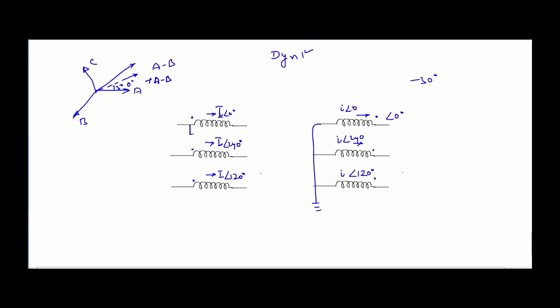So we are going to have our connection in this way. Similarly, for this phase, the connection will be something like this, and this is going to be connected in this way. So this is the equivalent connection of a transformer whose vector group is Dyn1. So this is how the windings of the transformer will be connected if the vector group of the transformer is Dyn1.